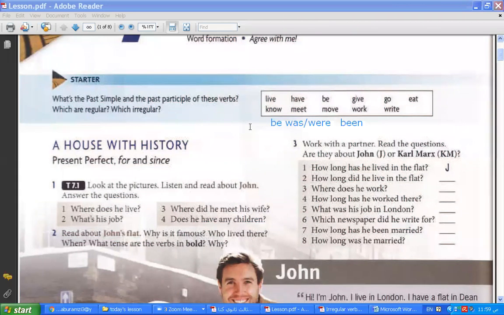Yes, go for Hanin. Go, went, gone. Great. So Maram, eat. Maram, are you hearing? She doesn't hear. Maybe Ramin, can you make eat? Eat, ate, eaten.